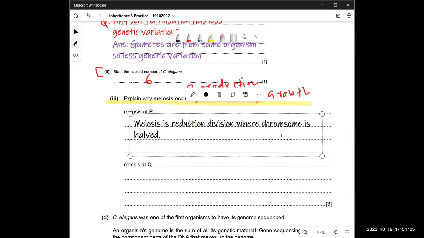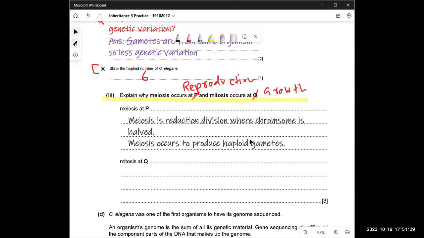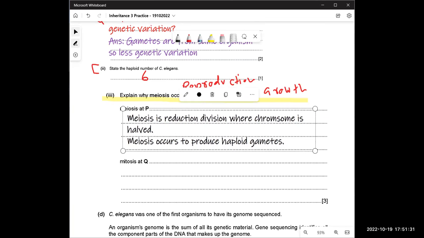Next thing is, meiosis occurs to produce gametes, haploid gametes. Any questions? So do we have the definition in the book? In the book and in the notes. Look over here.